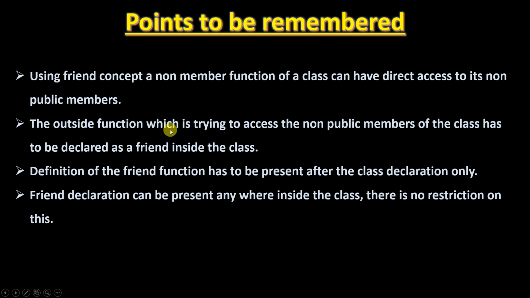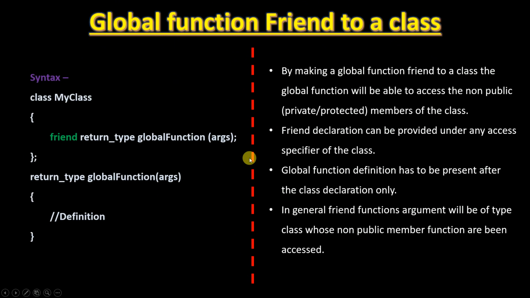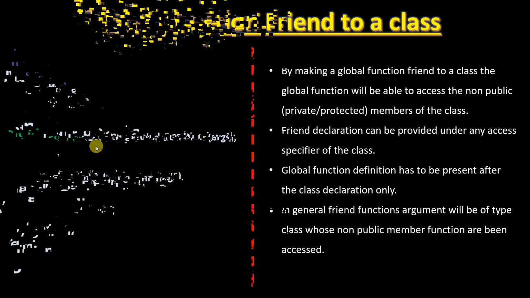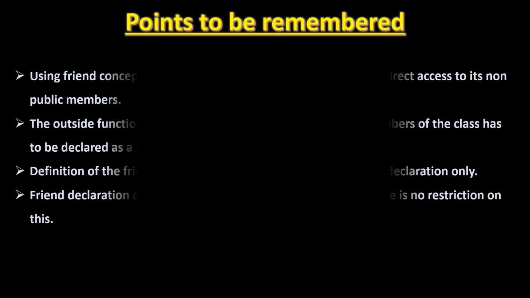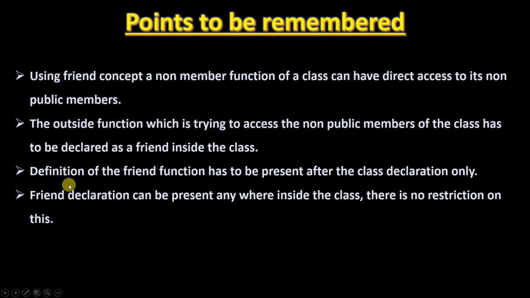So the outside function which is trying to access the non-public members of the class has to be declared as a friend inside the class. Just like this, the declaration has to be there. Now, the definition of the friend function has to be present after the class declaration only.